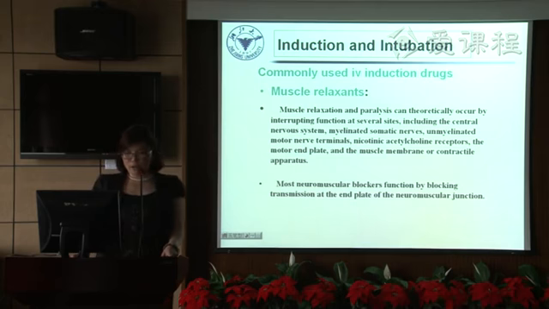Most neuromuscular blockers function by blocking transmission at the end plate of the neuromuscular junction.